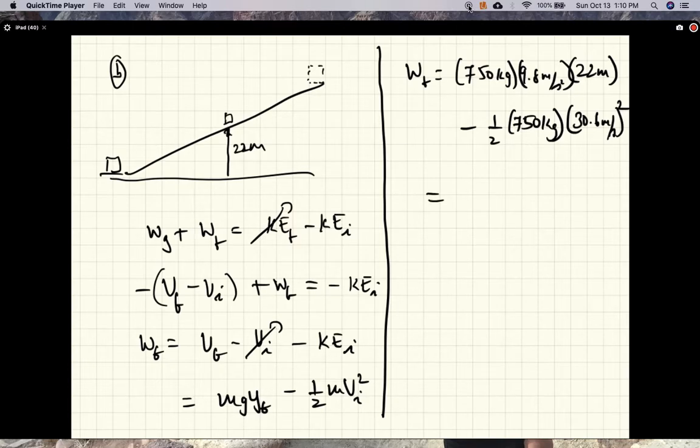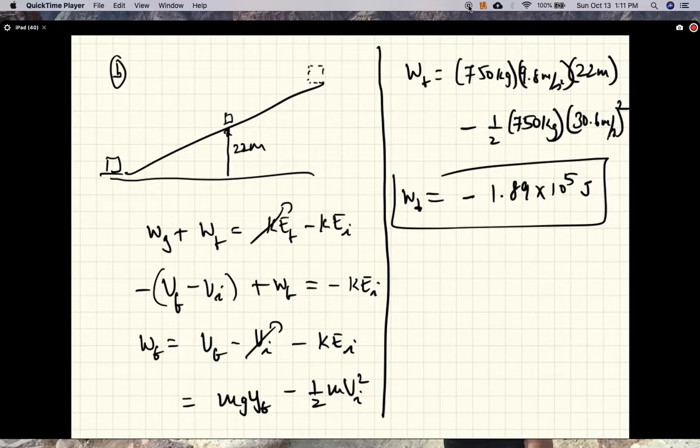And of course this should work out to be negative, so let's do this: 750 times 9.8 times 22, minus 0.5 times 750 times 30.6 squared. This works out to 1.89 times 10 to the power 5 joules. So that's how much work friction did.